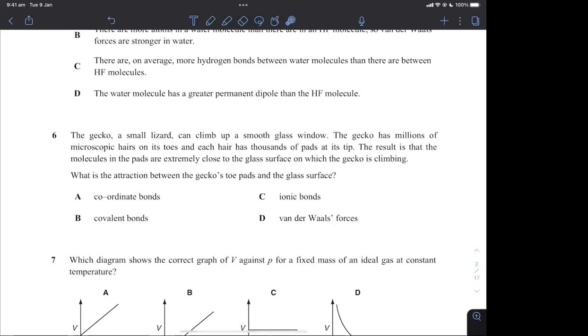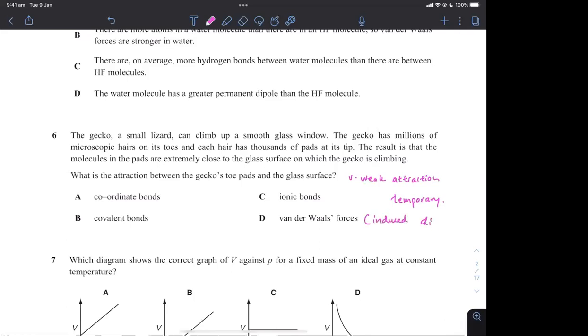Now we know that as they move, they do not have to break a very strong bond because they can walk along the wall very easily. So we know that this attraction is actually a very weak attraction. It cannot be a very strong attraction. It has to be temporary. It has to be like induced dipole. And induced dipole has another name.